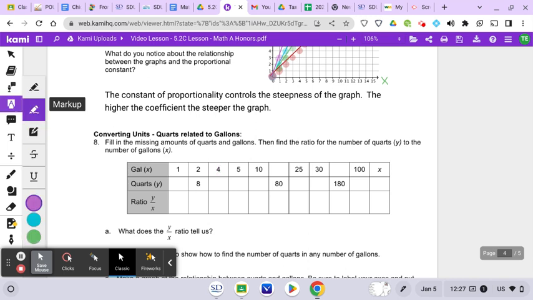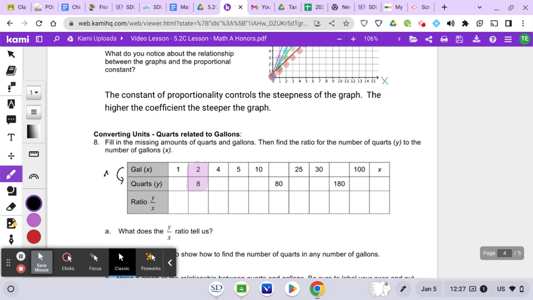I started with looking at my rate. I'm assuming it's proportional because that's all we're really doing right now. And I noticed that, oh, I can multiply by 4 to go that way. Or to go the other way, I would multiply by 1/4 or divide by 4.